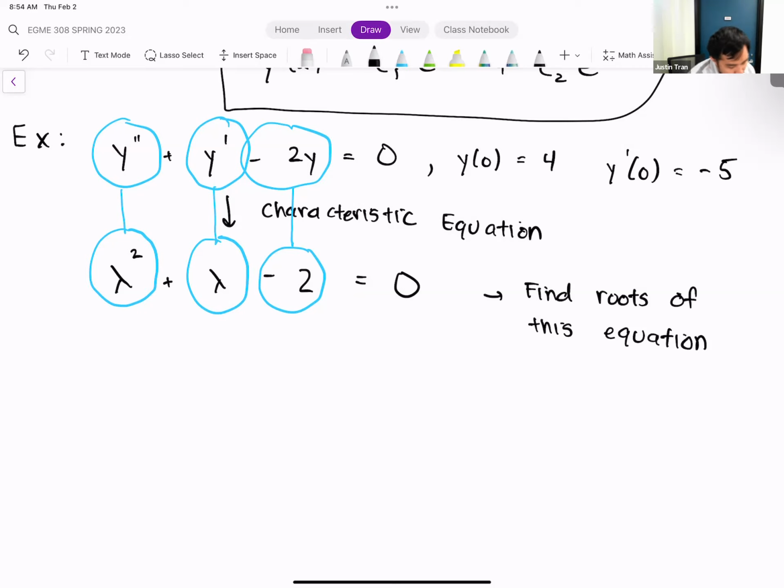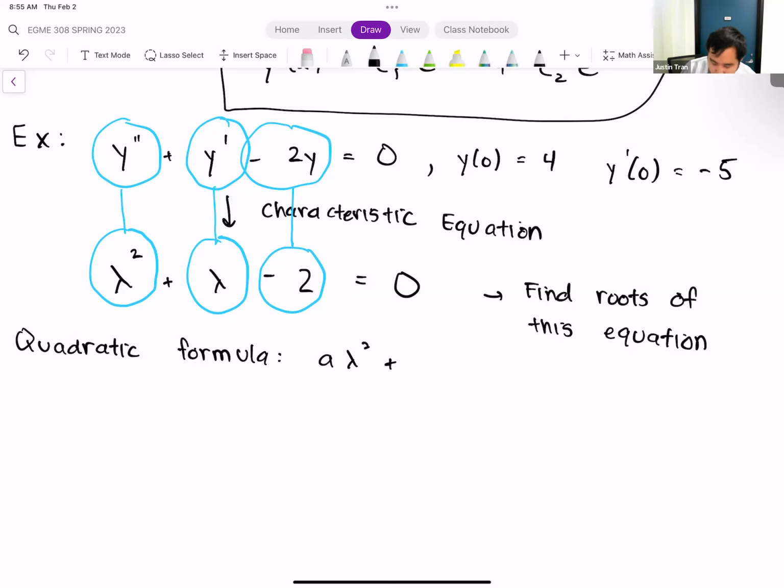Just because we haven't used it yet, let's go ahead and use our quadratic formula. If you need a refresher, the quadratic formula looks like the following.